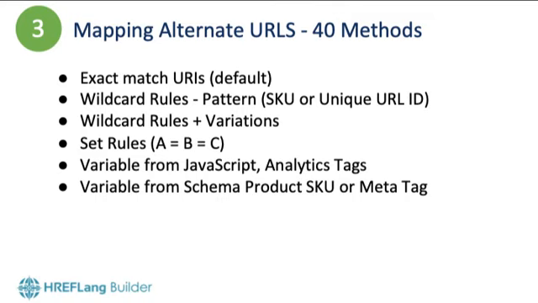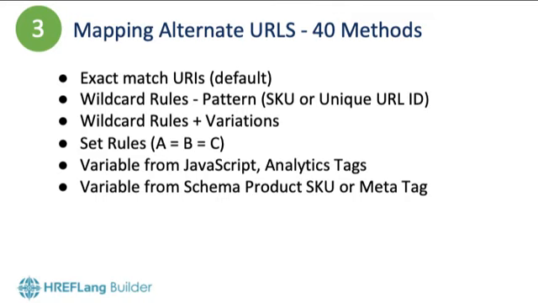But using wildcard rules allows us to say everything that ends in a particular format. Like if you're using Salesforce Commerce Cloud, a lot of them end in a C and then a number, or a P and a number to represent the product or category. Others will use a specific ID or a specific product name.